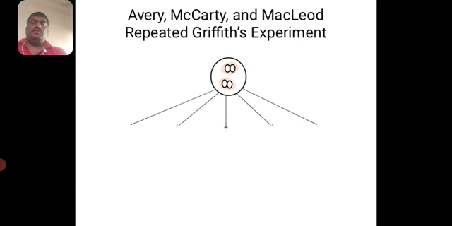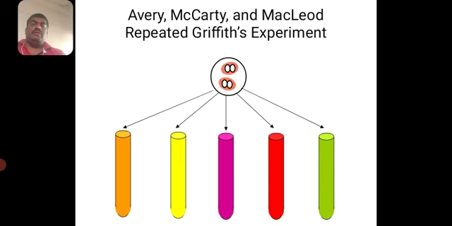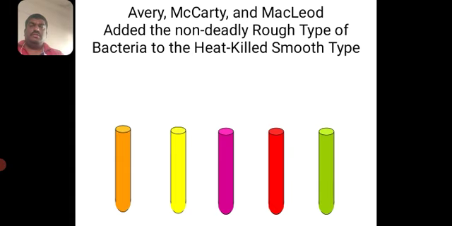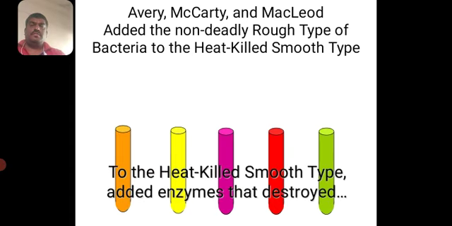On this fourth step, the three scientists worked with the heat killed smooth strain and rough strain. This mixture is added with different kinds of enzymes.